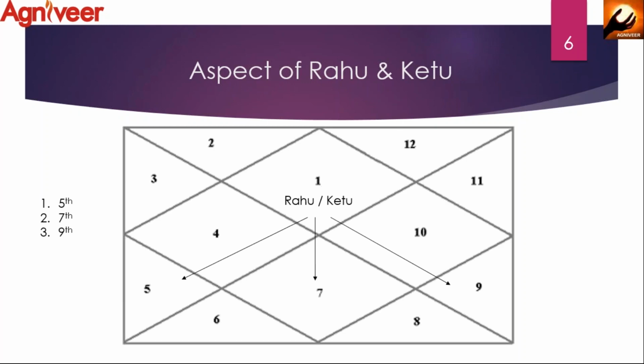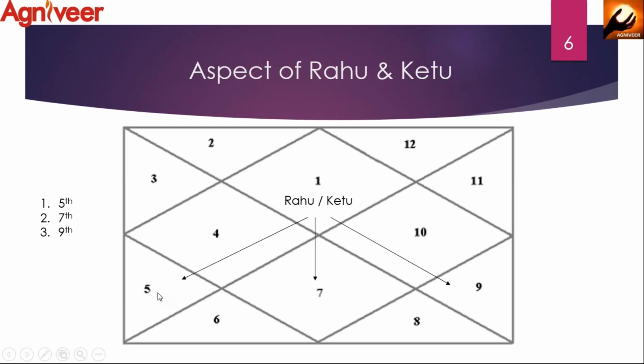And there is also a yoga which gives results similar to a conjunction. For example, if I have some planet placed here and some planet placed exactly opposite to it, they will both be aspecting each other. Let's say I have Jupiter placed here and Saturn placed here. There will be a mutual aspect. Why?